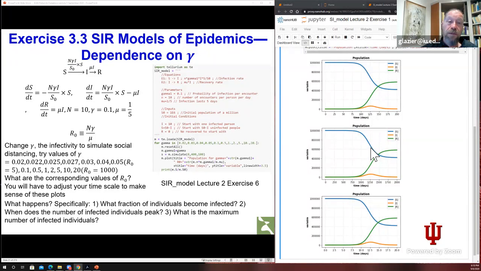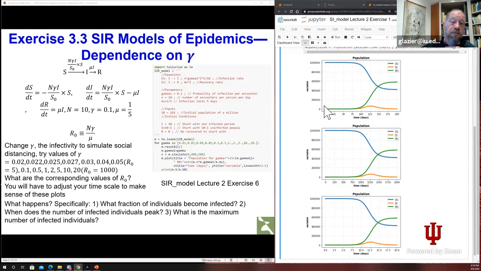Remember that R naught by itself doesn't tell me how fast things happen, but does tell me some things that are important. For R naught of 1.5, 600,000 out of 1 million people get infected. So 60% of my population gets infected with an R naught of 1.5. However, the maximum number of people infected at any time is about 50,000.